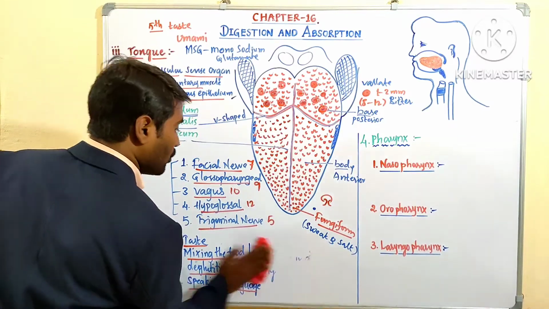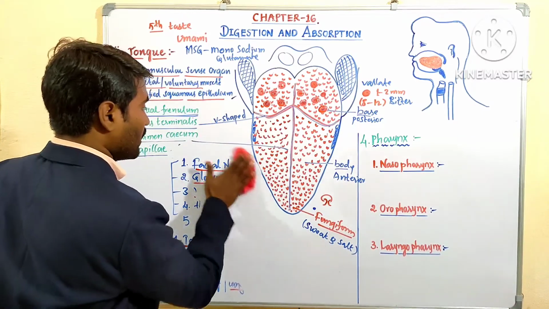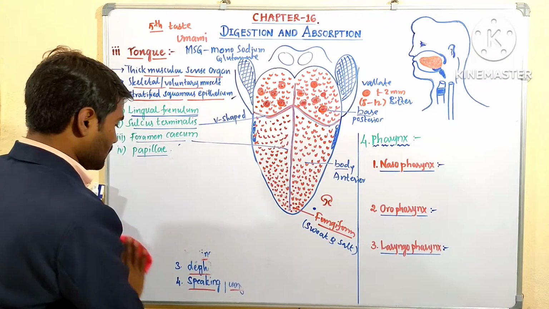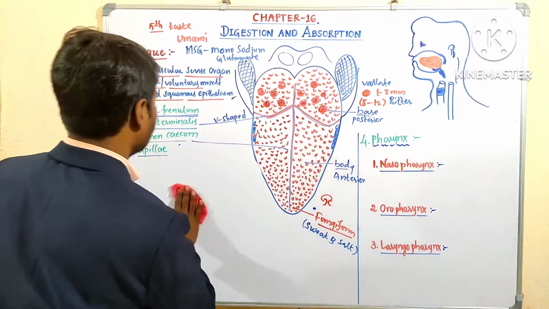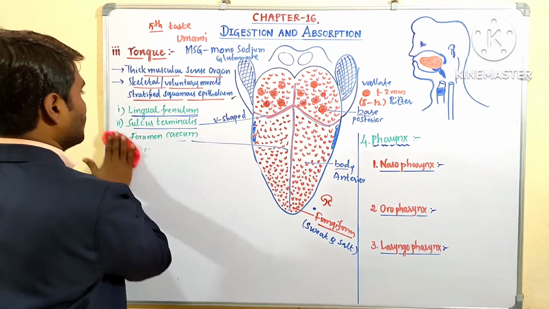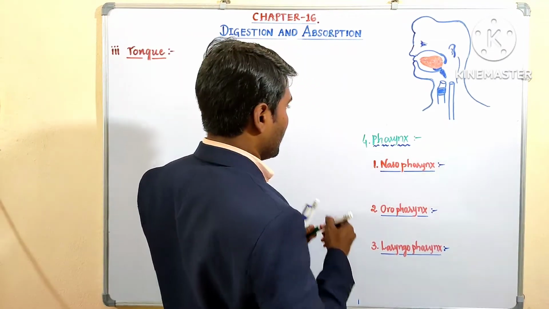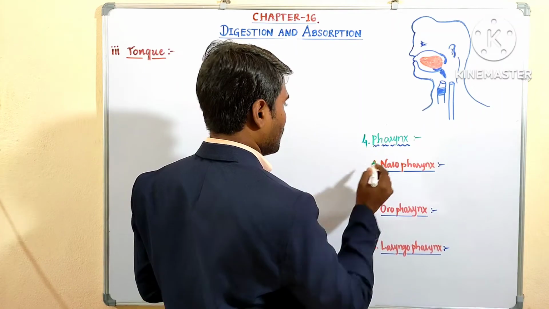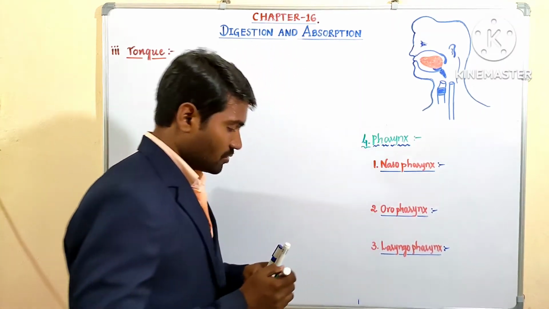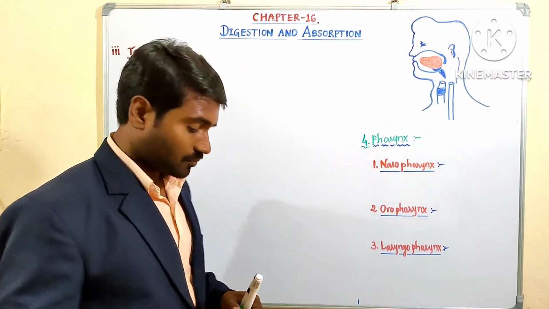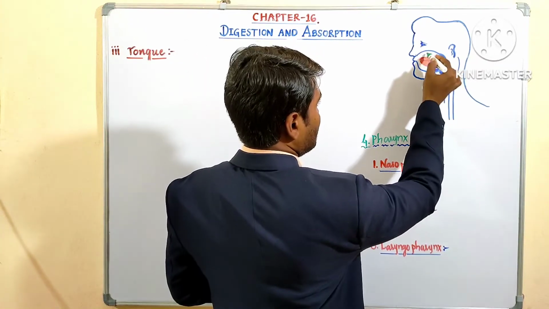Now there is one more important point. As we have already learned, the parts of the oral cavity are completed. The next part is the pharynx.